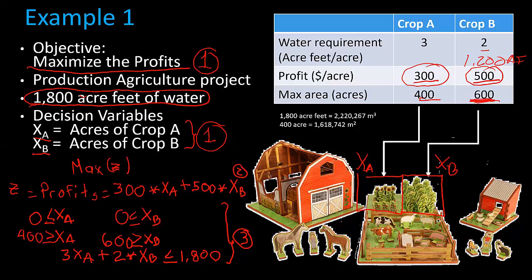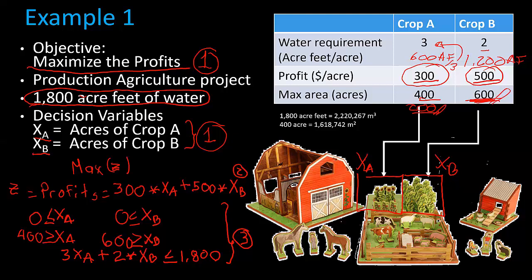What else can I do? Well, the remaining water, which is 600 acre-feet, I'm going to use to grow crop A. How many acres can I grow with 600 acre-feet? You divide 600 over 3, and it will be 200 acres.